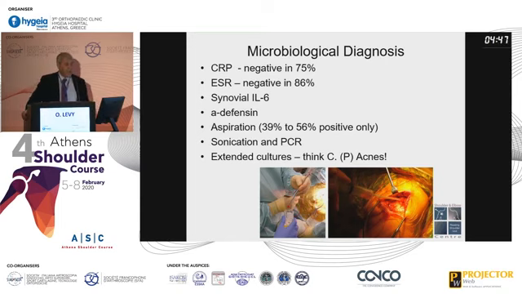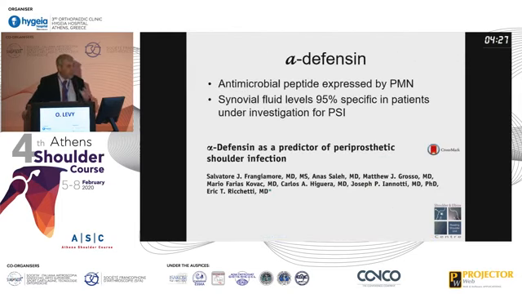Sonication, Carlos Torrens showed that this doesn't show much improvement in identifying the bug. And PCR, again, is in its infancy at this stage. Doesn't really work well for P. acnes. And obviously, we have to have extended cultures. Always think about P. acnes. I will keep calling it P. acnes. It's easier for me.